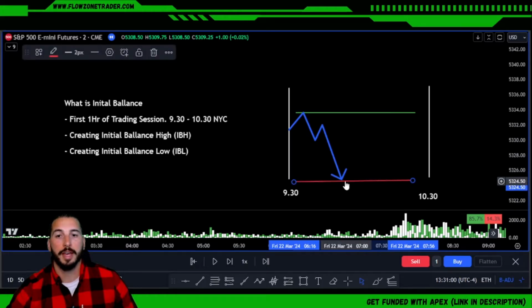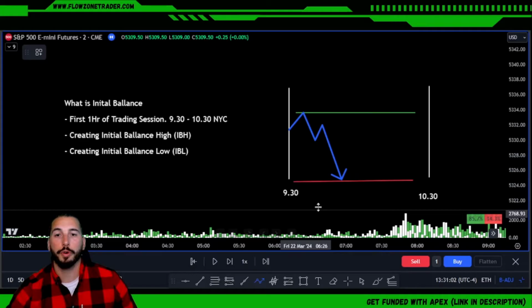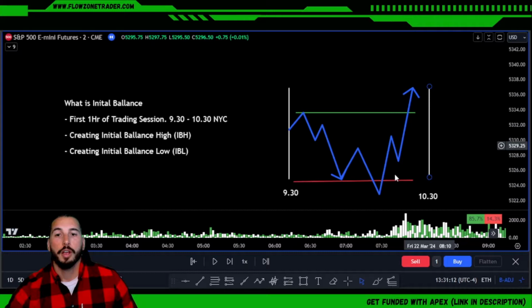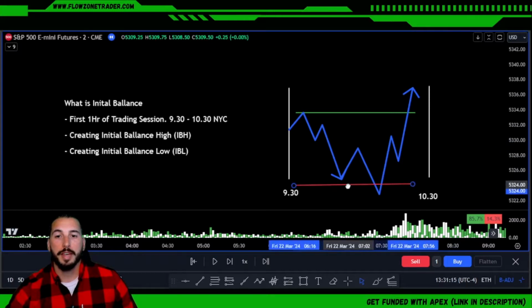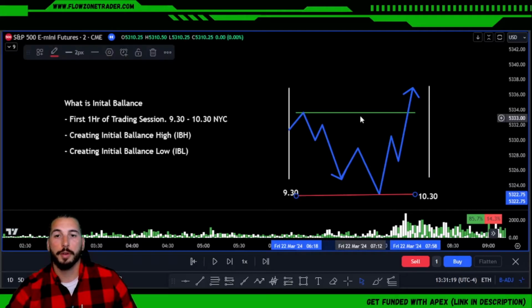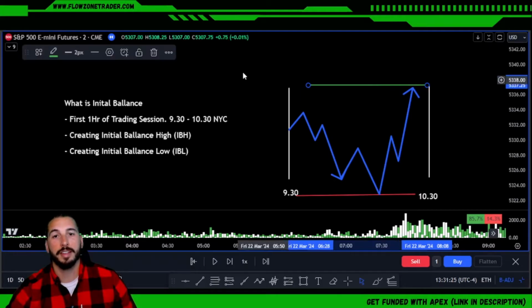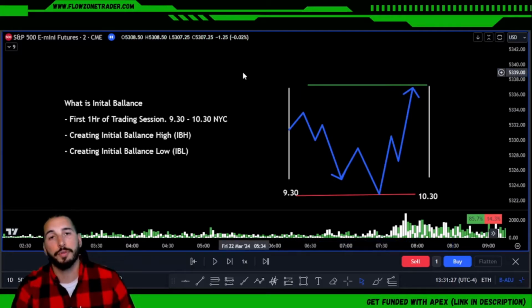We are tracking that, and this low will not be set until we hit 10:30. So maybe we come back inside, we make a new low before bottoming out and rising all the way up. At this point, we can move the initial balance down to this low. That's your initial balance low, and your initial balance high will be the highest point between 9:30 and 10:30. So there we have it. There is your initial balance.